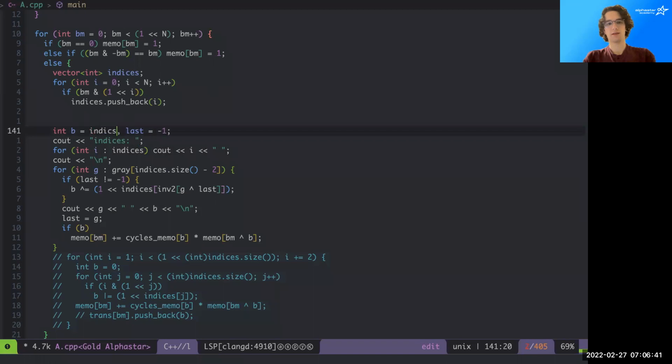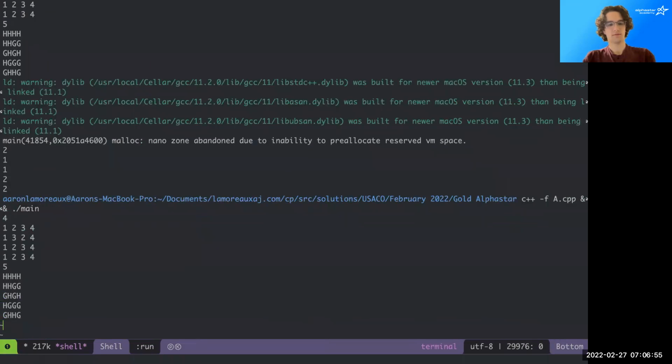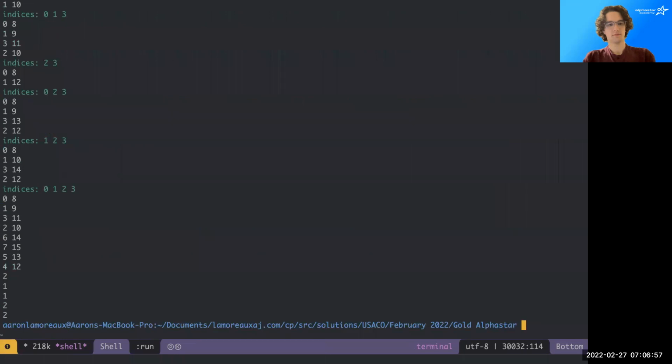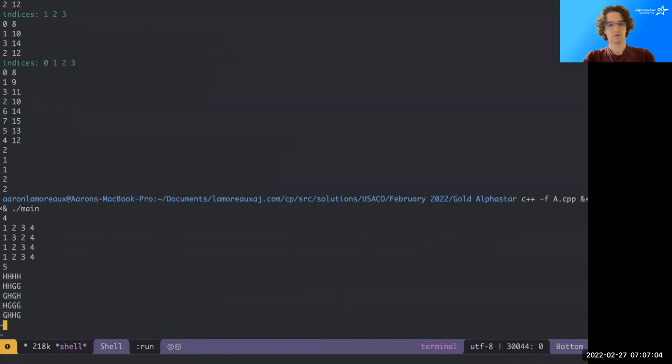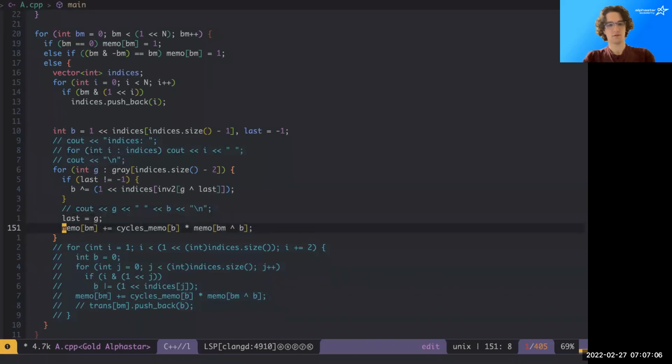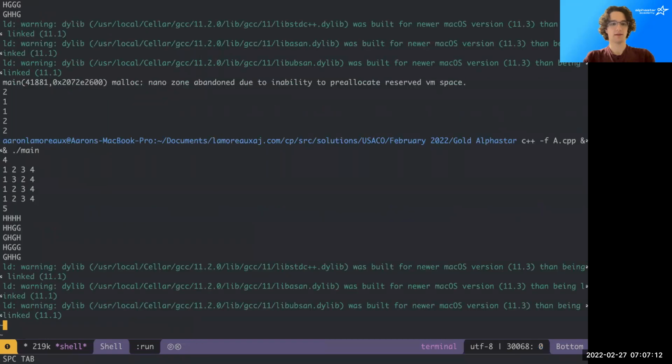We just want indices. Bug. Now B should never be 0, so that should be -3.